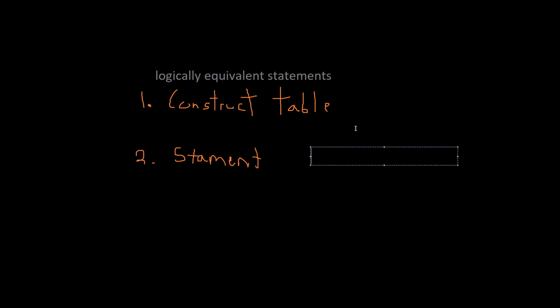Don't get caught up on this right now, because we're going to look at an example and then come back to this idea. So two ways to see if something is logically equivalent: construct a truth table, or examine the statement or sentence.